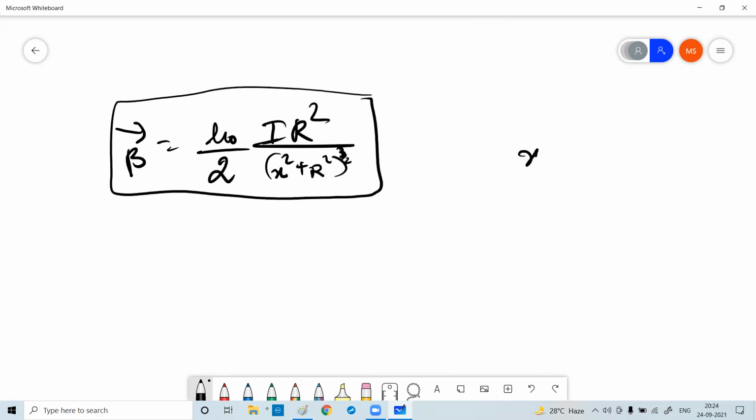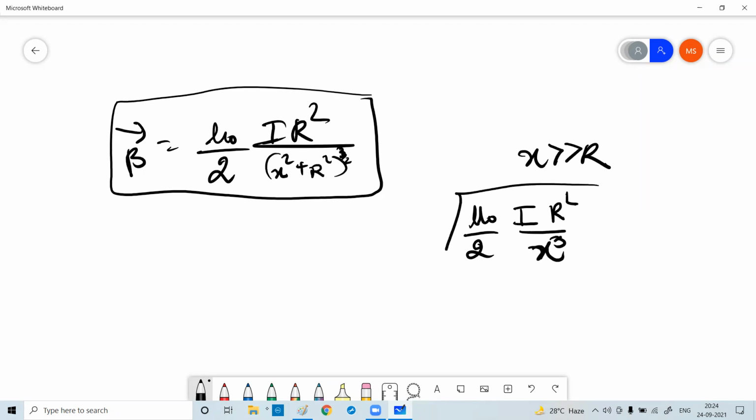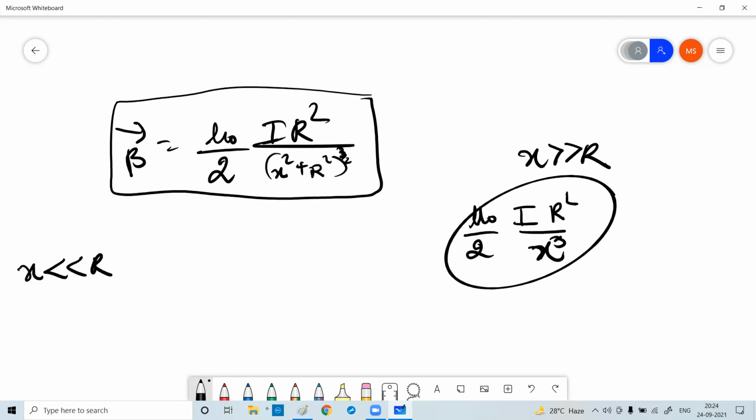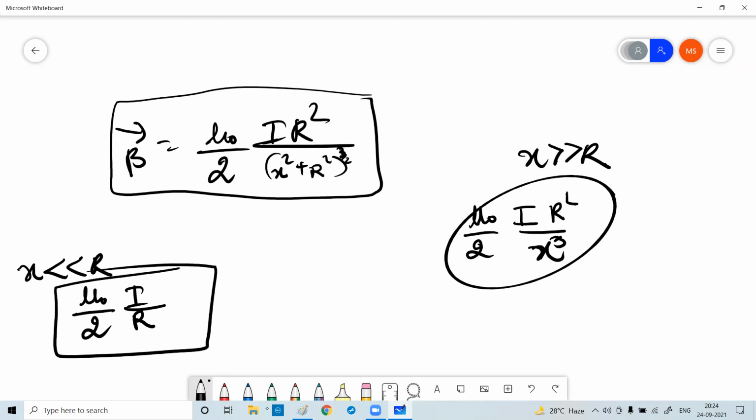If x is greater than r, then your expression will become mu naught by 2 I, r square by x cube. And if your x is way less than r, then it will become mu naught by 2 I divided by 2r. Clear?